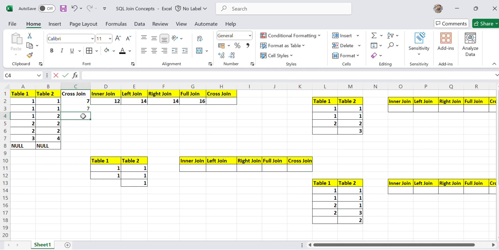Same for this, 7, this also 7, this also 7. 1, 2, 3, 4, 5, 6, 7. So 7 times 7 means 49 is the output of the cross join.